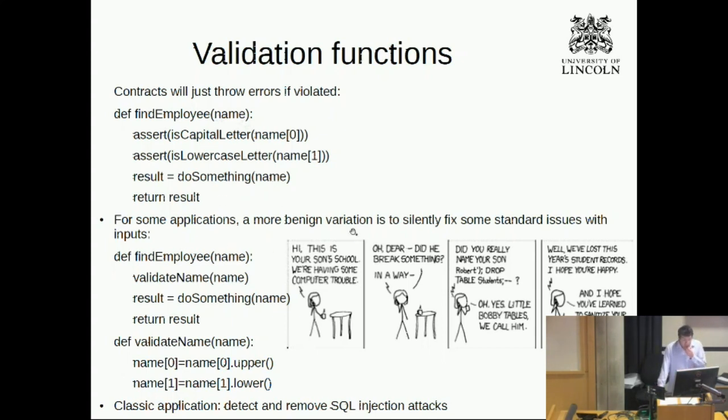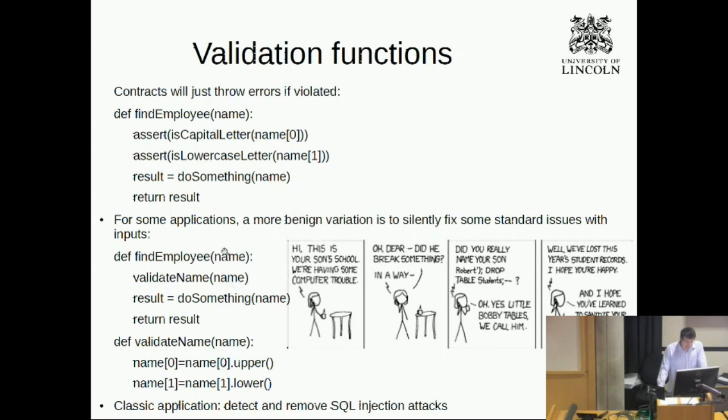So sometimes, especially if you're dealing with input from users, if this was part of a web-facing database system connected to a web form, you might not want to be quite as heavy-handed as that. You might want to do what is called a validation function instead. This is a more benign variation, where instead of just barfing when a contract is violated, you actually come in and try to fix it for them in a sensible way.